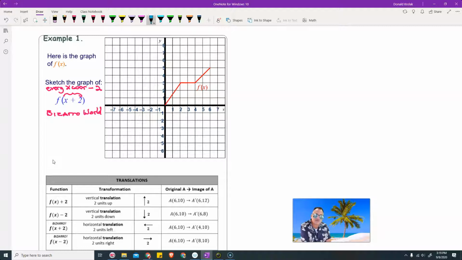So that's going to take every x-coordinate and slide it 2 places to the right. And then connect your dots. And there is f of x plus 2. Everything moved 2 to the left.